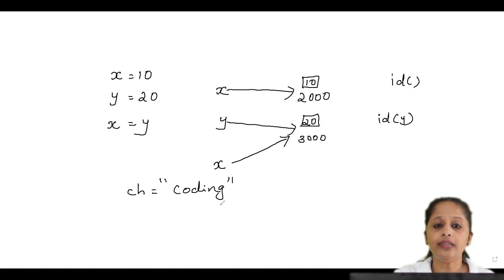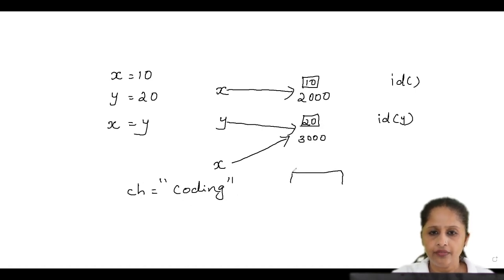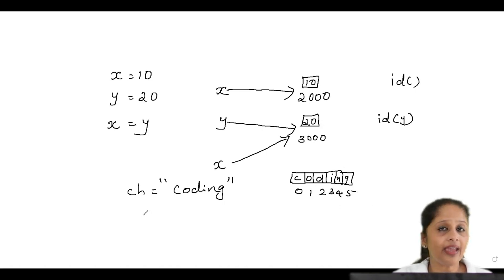So we have C O D I N and one more G, and C is in location 0, O is in 1, then D in 2, 3, 4, 5. Like that we have indexing.